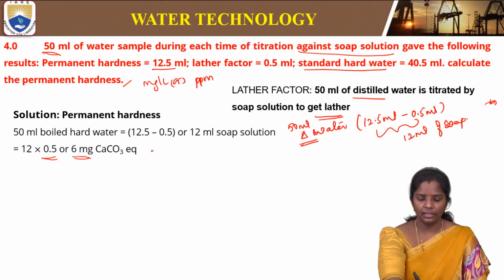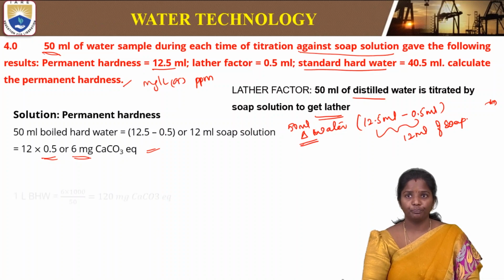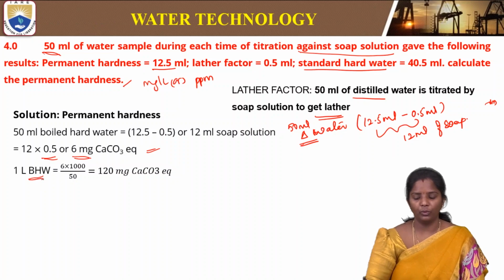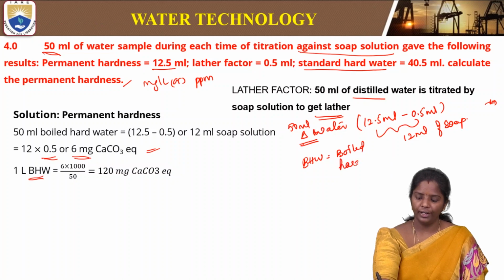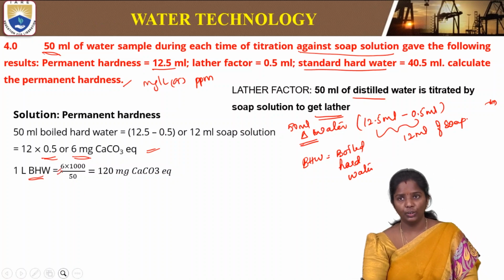So this is in terms of calcium carbonate equivalents. So 1 liter of boiled hard water, BHW, is boiled hard water, that is 6 mg into 1000.